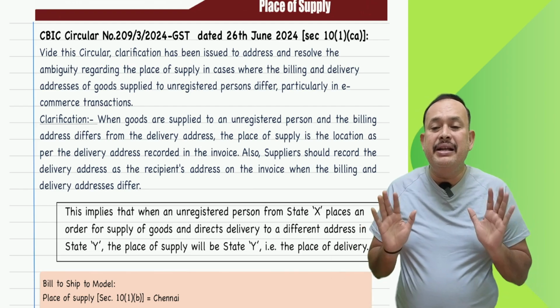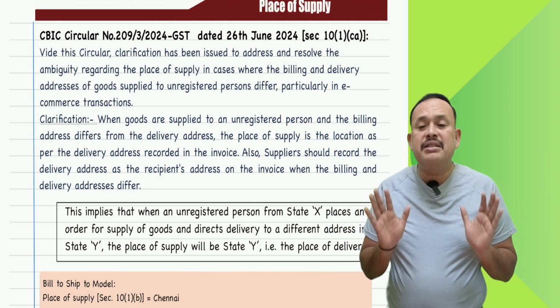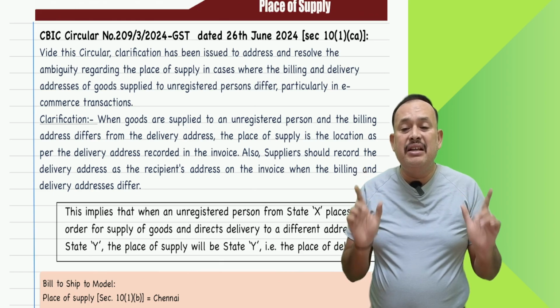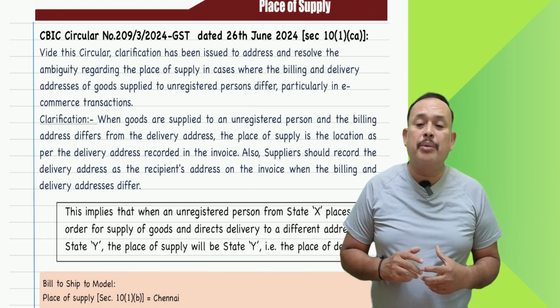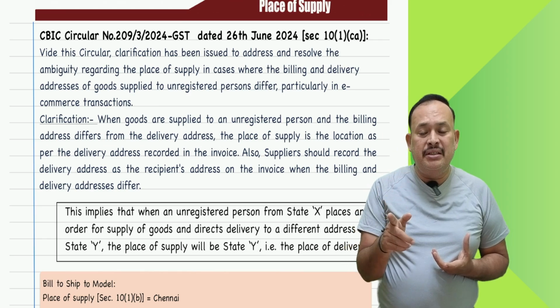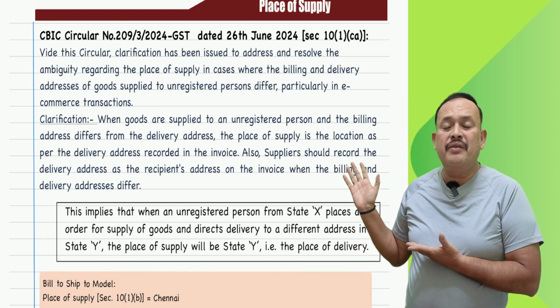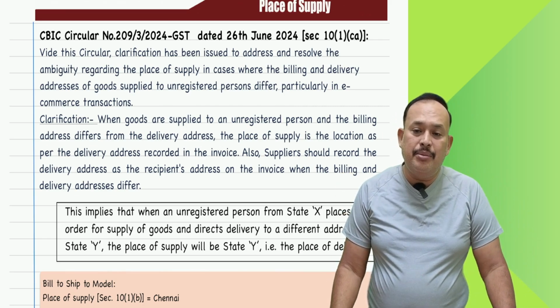So the point here is very clear. Delivery address is the place of supply if the delivery address differs from the billing address, where the supply is made through an e-commerce operator to an unregistered person. That is the provision the CBIC circular recently clarified. Got the clarity, my dear friends?